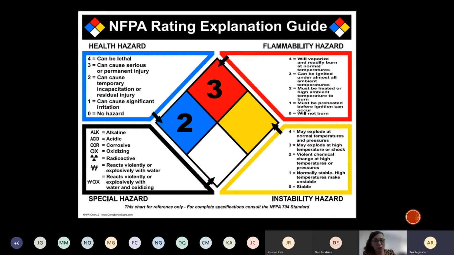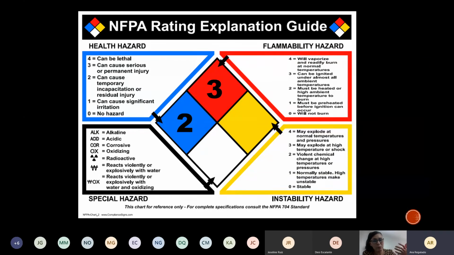But let's say it's a 2. If you notice in the reading here, it says it can cause temporary incapacitation or residual injury, meaning it could make you faint. It could make you vomit, make you nauseous. It could give you a headache. Things like that that are temporary, not going to last forever.